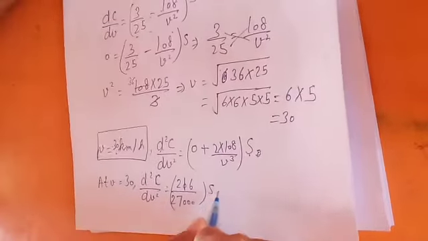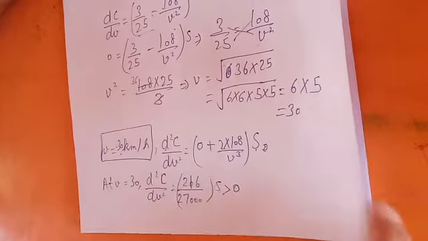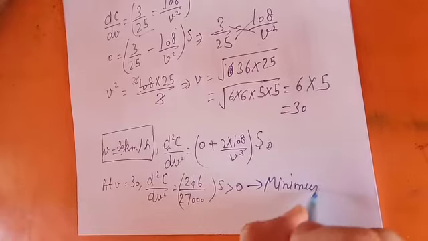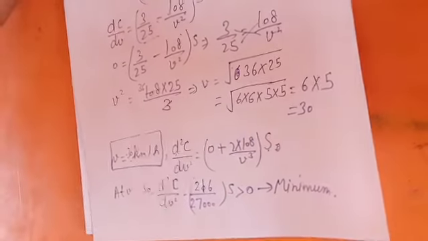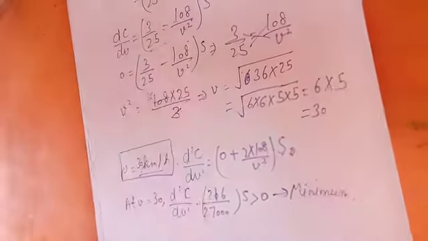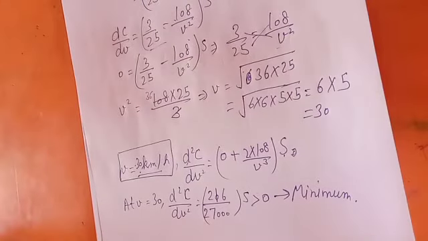That means it is positive. Positive means it is greater than 0, and if it is greater than 0 then we have a point of minimum here, which means our cost will be minimum if the bus keeps moving at a speed of 30 km per hour. Okay, it was a very easy question.